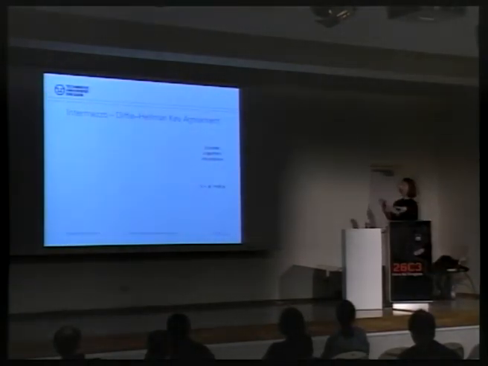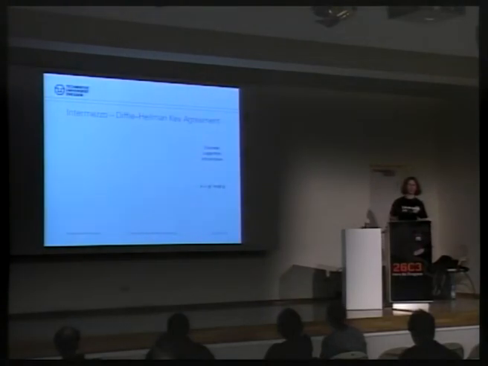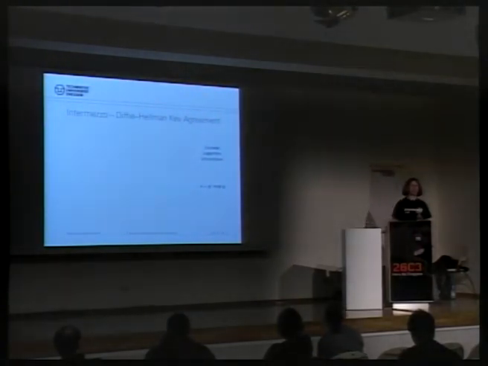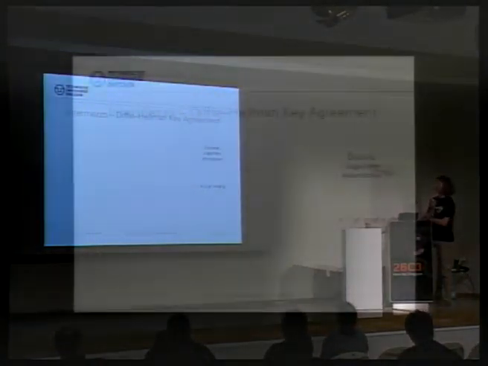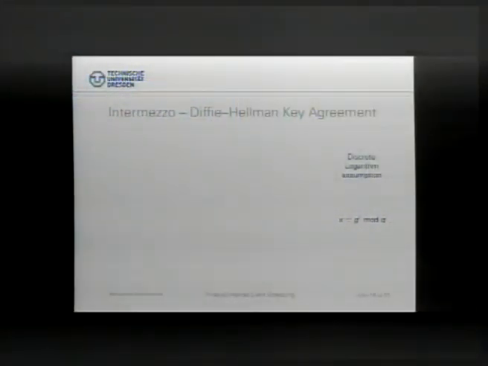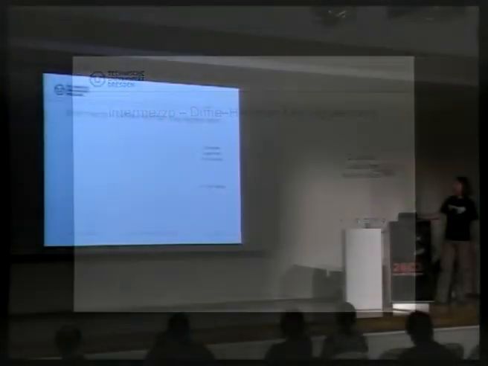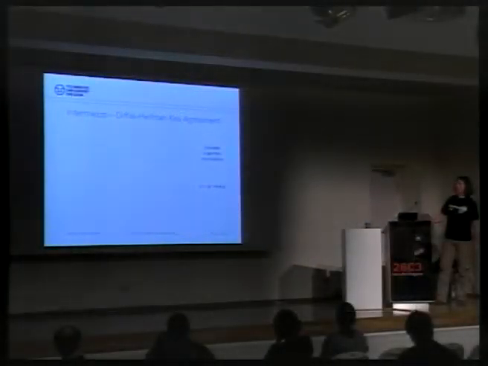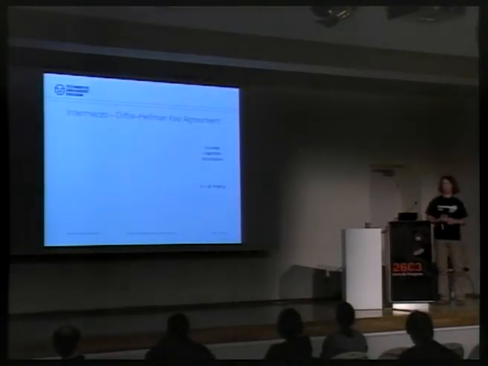I want to explain Diffie-Hellman key agreement shortly beforehand, even if some of you know this, because I think not everybody does. Diffie-Hellman key agreement is based on the discrete logarithm assumption. First we have the discrete logarithm, which is the normal logarithm we know from school, modulo some prime number.